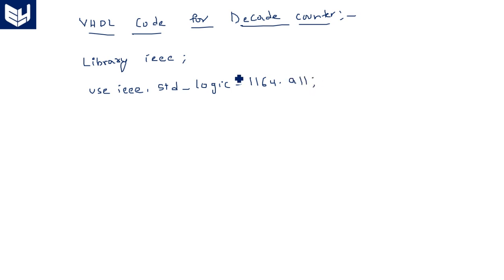These two statements are common for any VHDL code. The remaining two lines, like use IEEE.std_logic_arith.all and unsigned.all, we can add in the program depending upon the usage. If you are performing any arithmetical operations, then we can go for the unsigned.all.